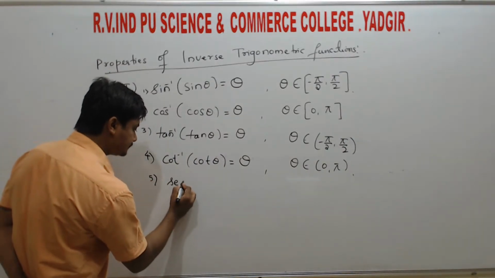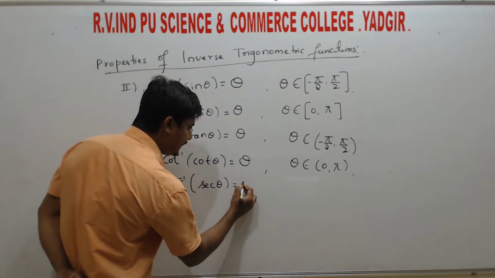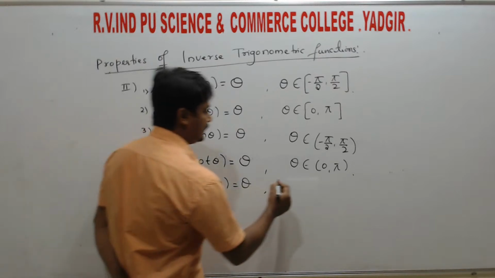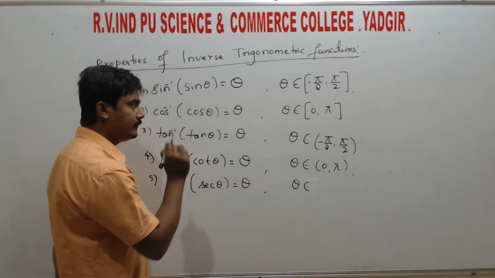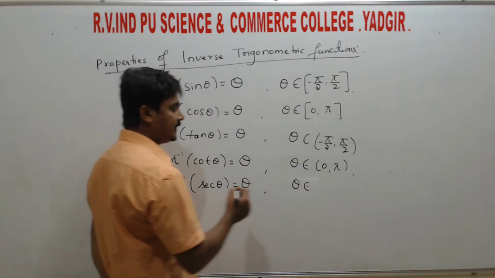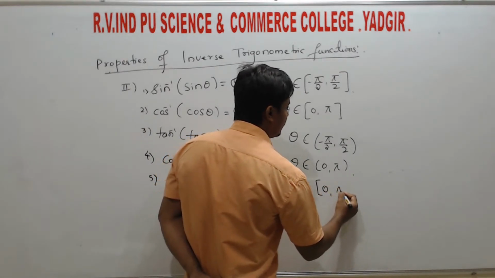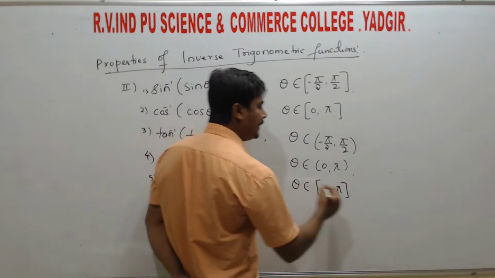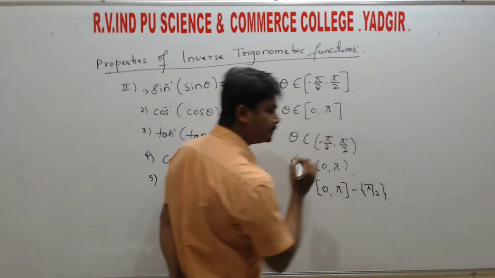Next, secant inverse of secant theta is theta if theta belongs to the principal value branch of inverse secant function. What is the principal value branch of inverse secant function? Closed interval 0, pi excluding pi by 2.